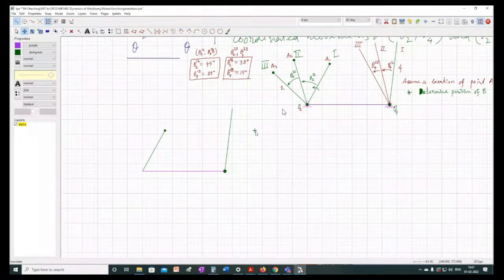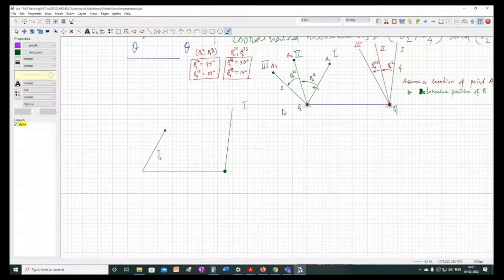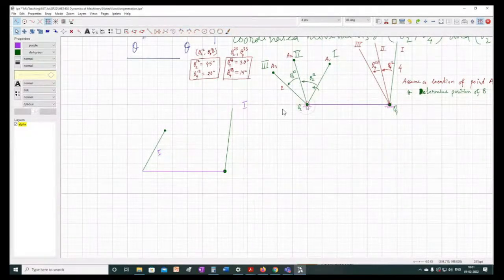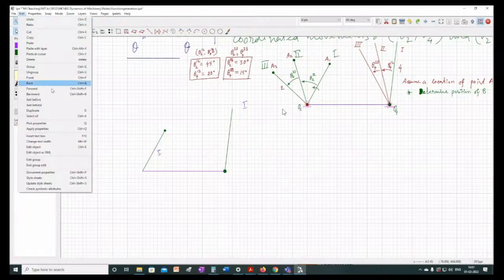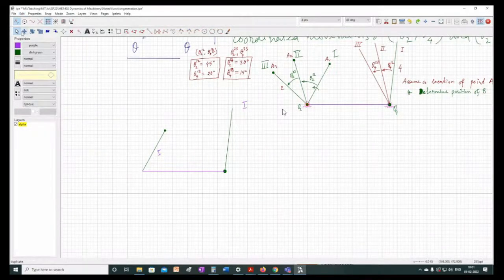Now, what we have initially, this is position 1 of the follower, position 1 of the crank, and we have not yet copied this point 2. Let us copy it and shift it to that point. Our next step is to get the second position.